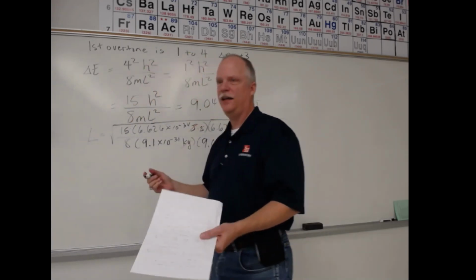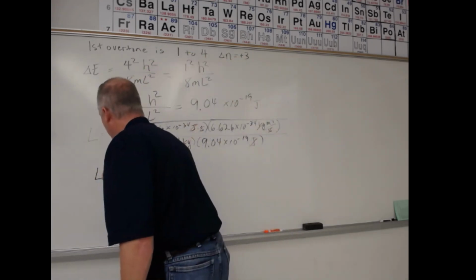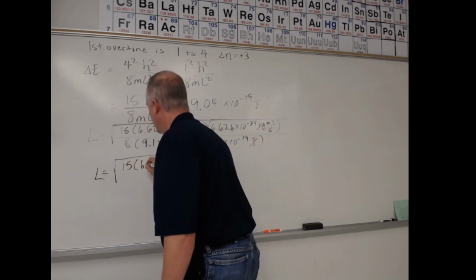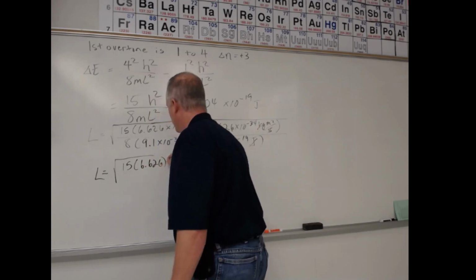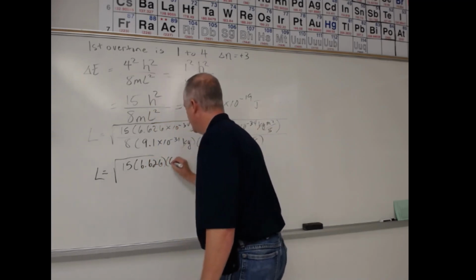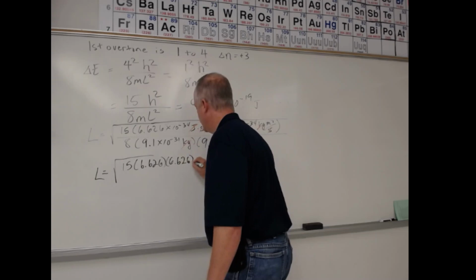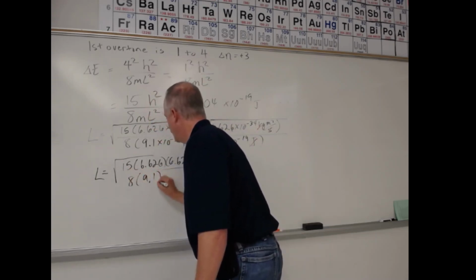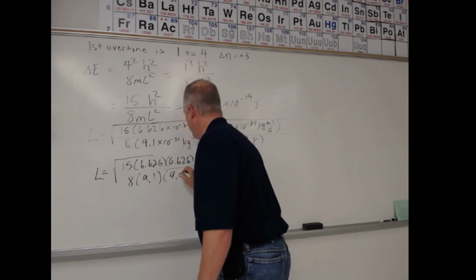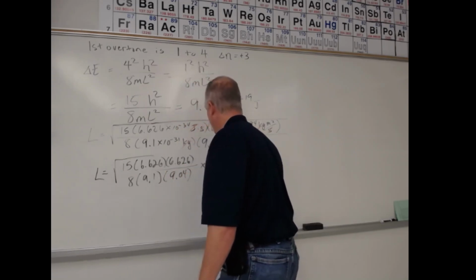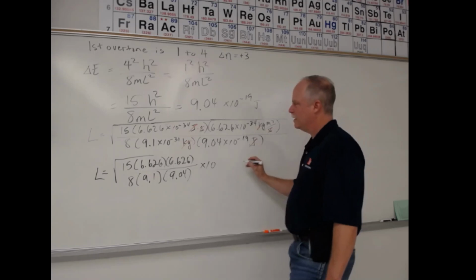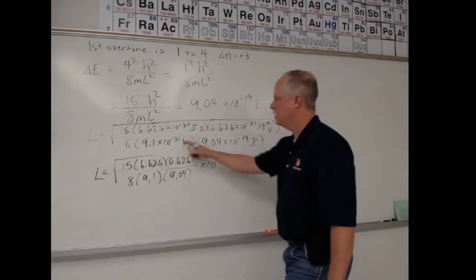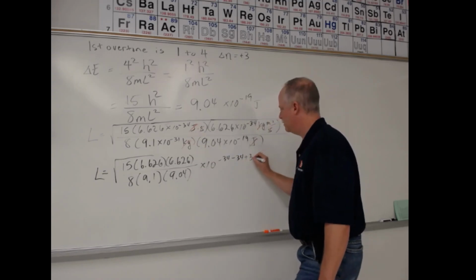Now let's write it out in the easy way. So L is equal to the square root of 15 times 6.626 times 6.626 over 8 over 9.1 over 9.04 times 10, and this is where it gets crazy, minus 34 again, plus 31.